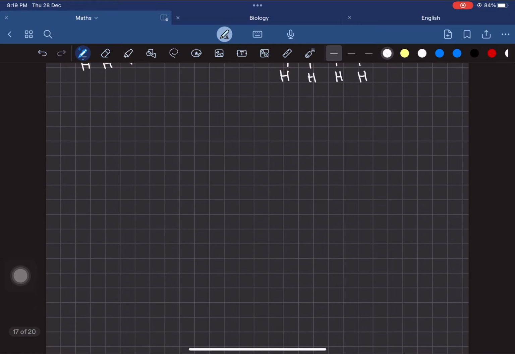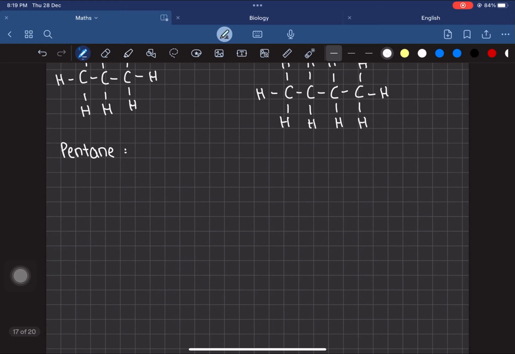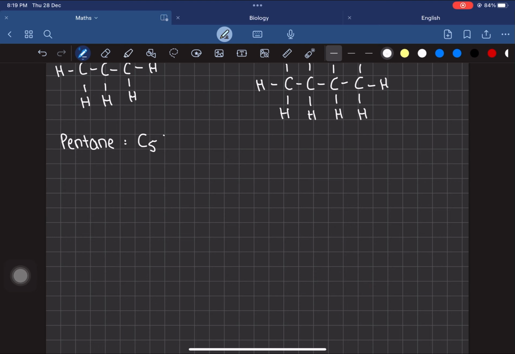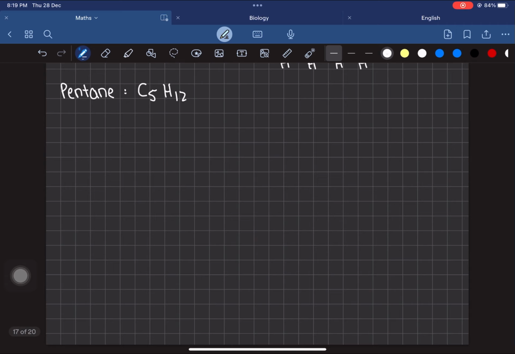Now let's move towards pentane. First of all, the molecular formula, which is C5H12. So we are supposed to draw 5 carbons, 1 2 3 4 5. 4 bonds for each carbon.